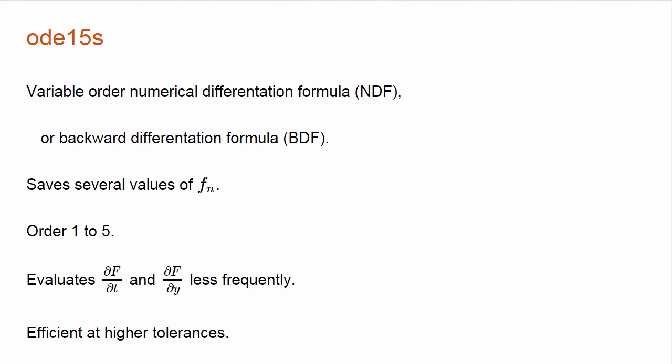In either case, it saves several values of the function over previous steps. The order varies automatically between 1 and 5. It evaluates the partial derivatives less frequently, and it's efficient at higher tolerances than 23s.